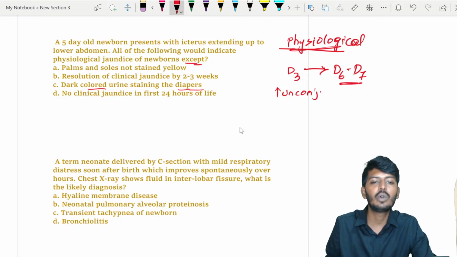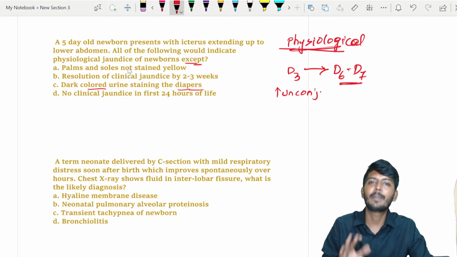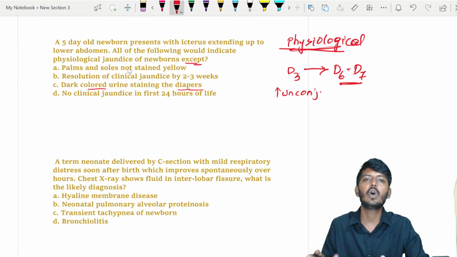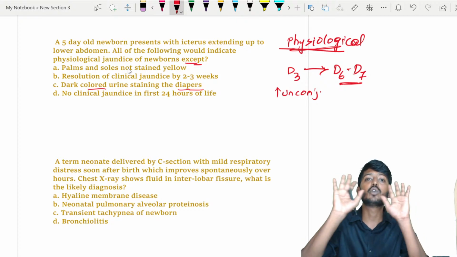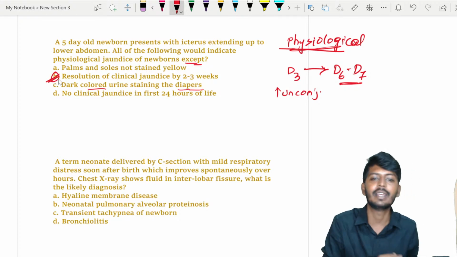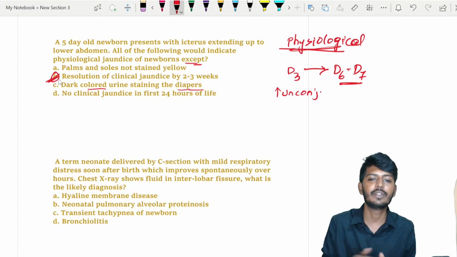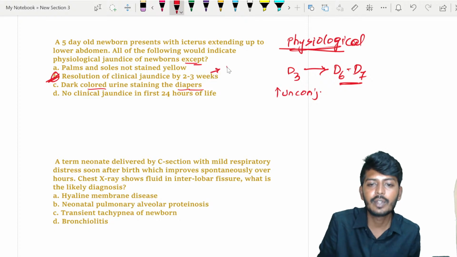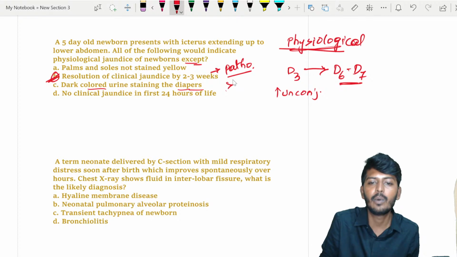And palms and soles not stained yellow. Yes, in physiological jaundice, palms and soles will be spared. So the correct answer is resolution by 2 to 3 weeks. It is not associated with physiological jaundice. It is associated with pathological jaundice. Pathological jaundice usually persists more than 2 weeks.